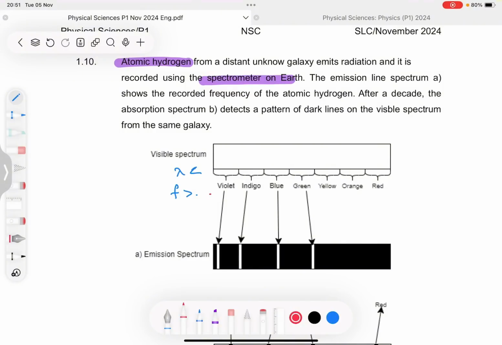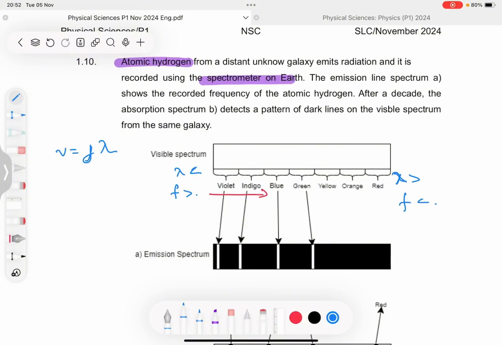And the more we move towards the red side, the wavelength actually starts increasing, it becomes longer. So this side we have a bigger wavelength, right? And when we have a bigger wavelength, we know that the frequency should be small, right? Should be a lower frequency. Now, this relationship is defined by this equation that says velocity equals frequency times wavelength, right?